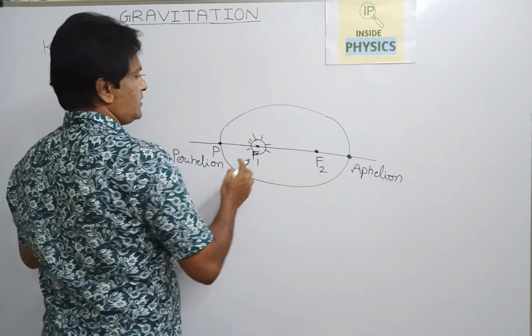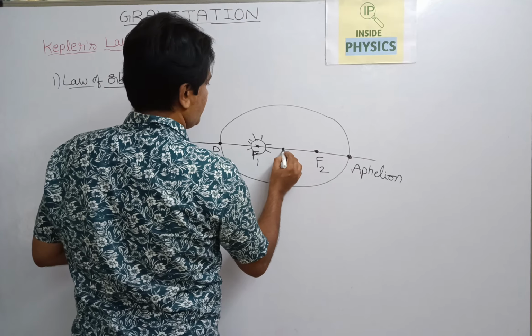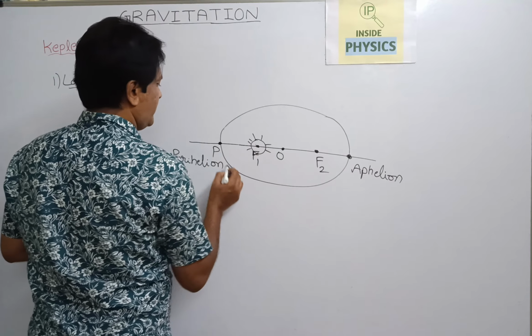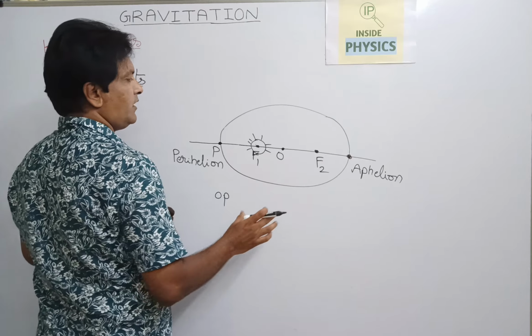This is the major axis, and if you take the center of the ellipse as O, then OP is called the semi-major axis.